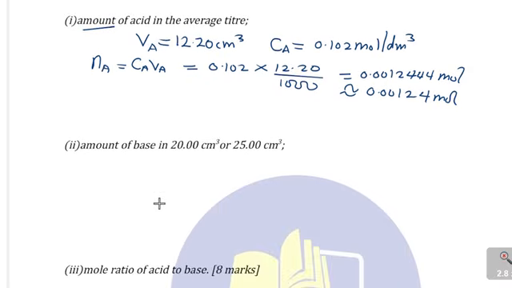Now, the amount of base that is present in 25 cm cube. No, we are not using 20 in this case. We are using 25. So our VB is 25 cm cube. So what is our CB? We go back to the question.